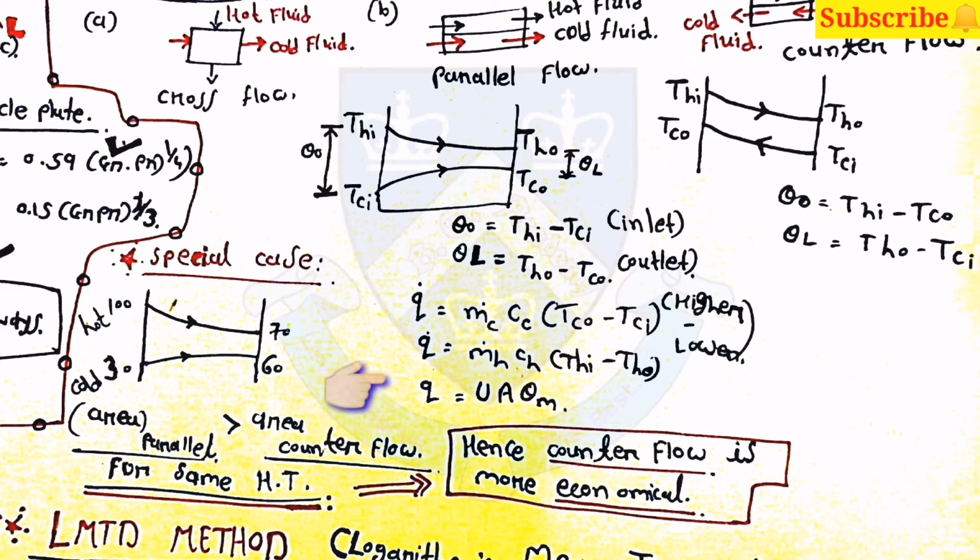Then there is the special case. For that, the equation is Q is equal to UA into theta m. Here for the same heat transfer, the area of parallel flow is greater than the area of counter flow. Hence the counter flow heat exchanger is more economical for the same heat transfer.